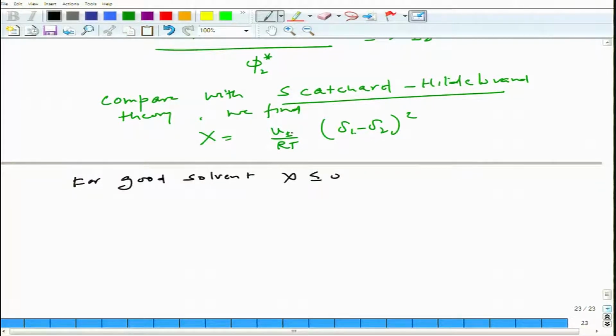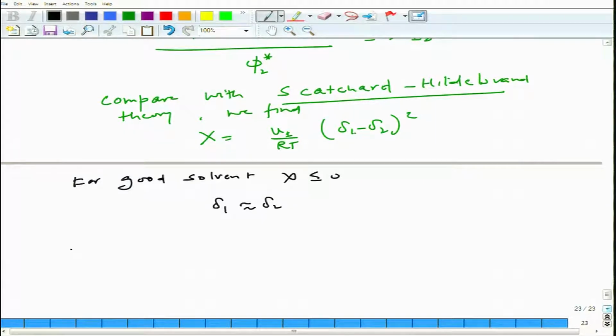Since chi is related to this, it essentially means for a good solvent the solubility parameters of solvent and the polymer should be of the same order. Now, this parameter which we have obtained here is rather empirical.